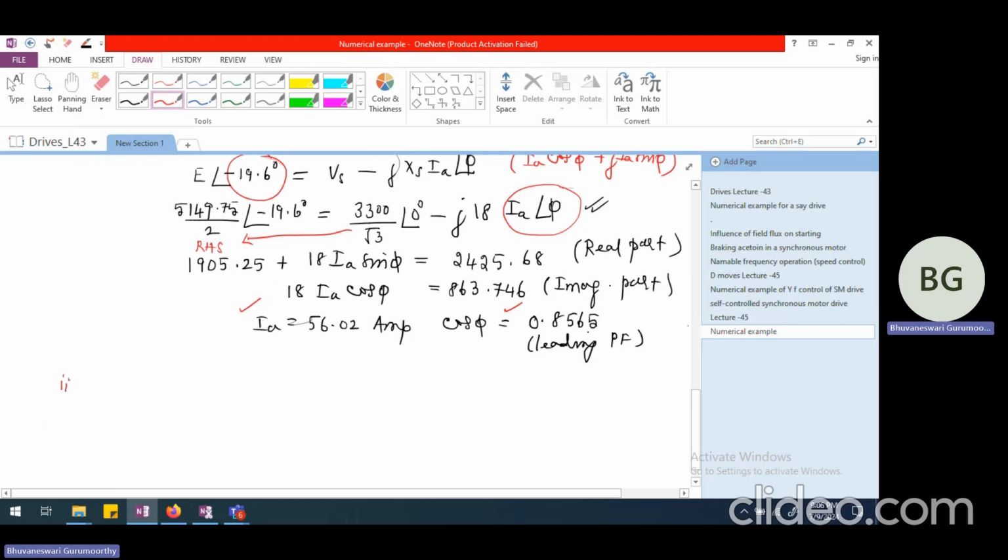Now, the third subdivision, what is being asked in this numerical example, is for above base speed operation.